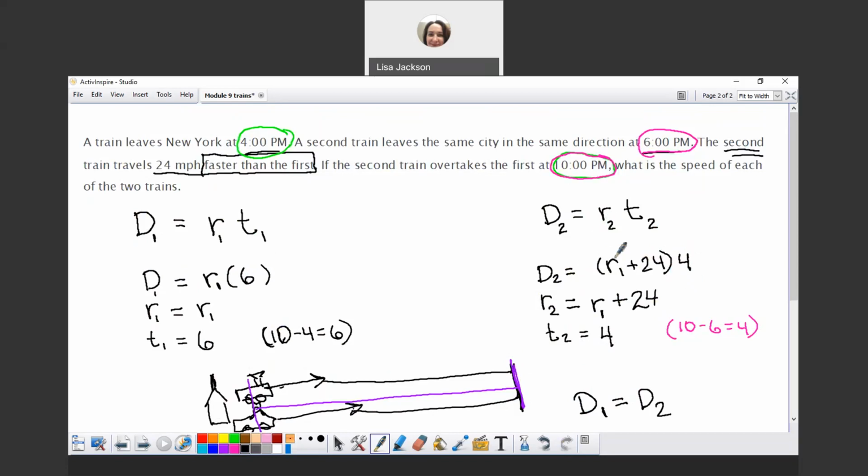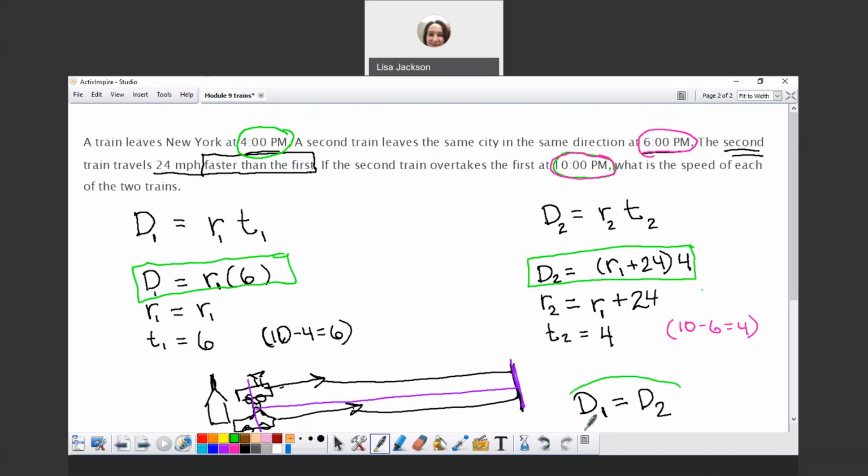We can simplify this stuff, and I'm going to take this information and put it on the next page. So we have distance of train 1 is R1 times 6. Distance of train 2 is R1 plus 24 times 4.